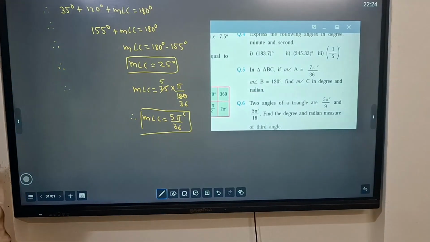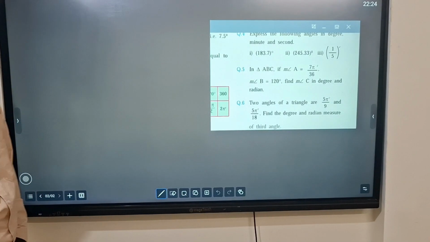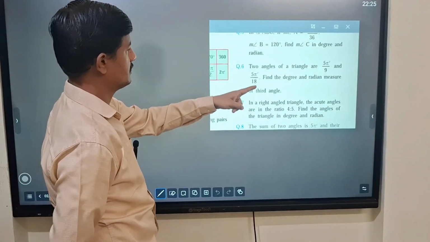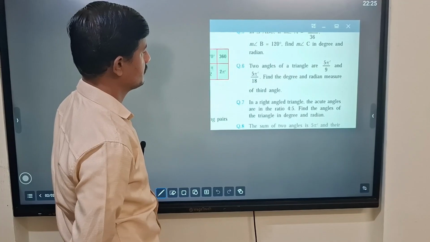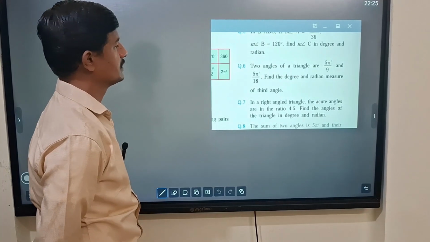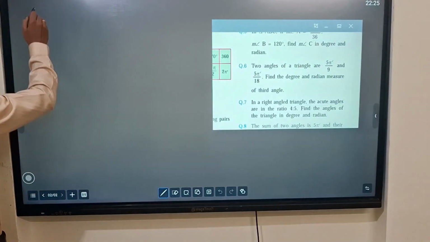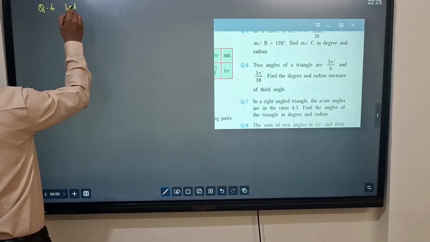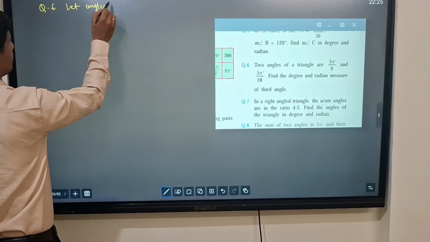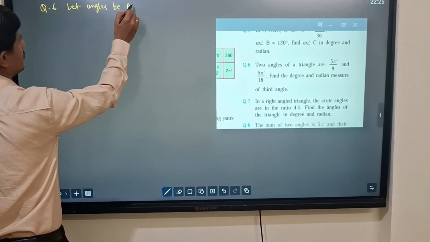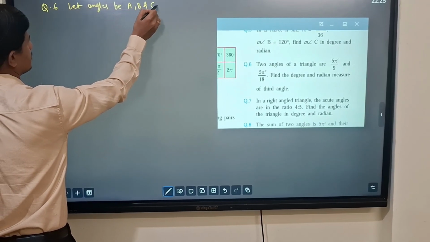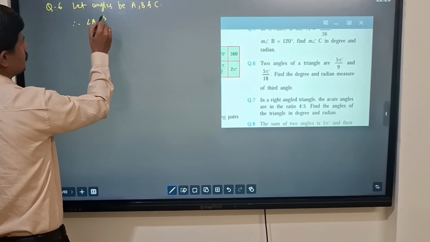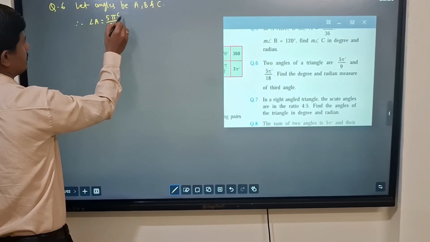Now the next question, question 6. Two angles of a triangle are 5 pi by 9 and 5 pi by 18 radian. Find the degree and radian measures of the third angle. Let the angles be A, B and C. Therefore, angle A is 5 pi by 9 radian.